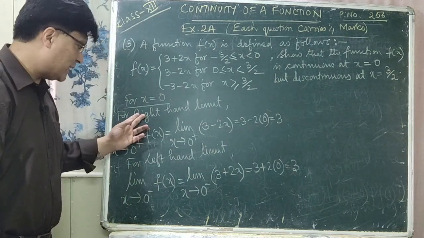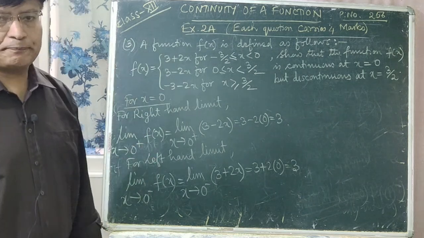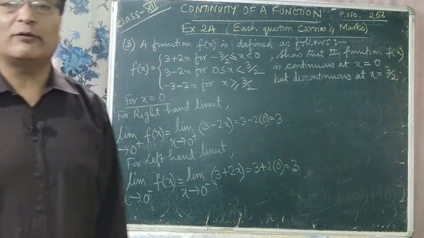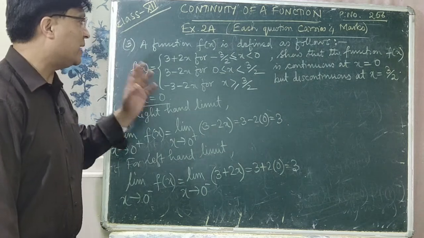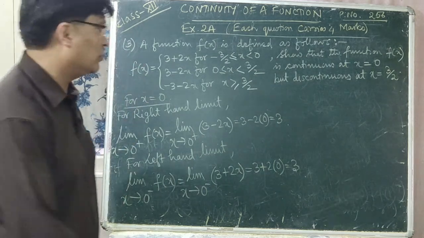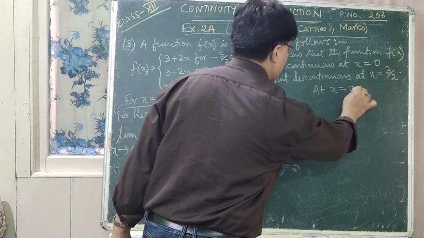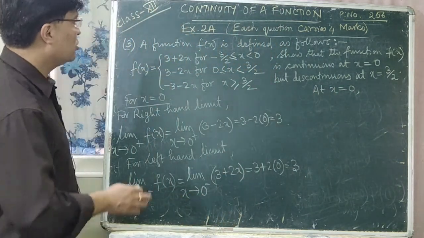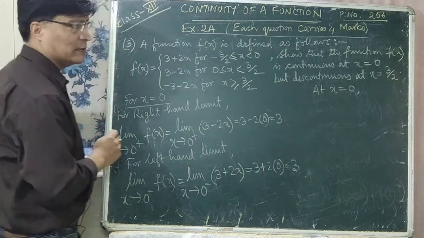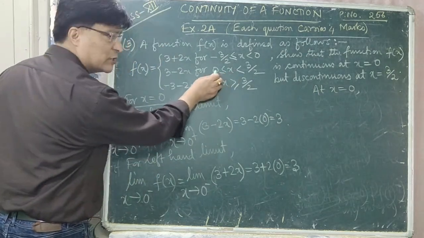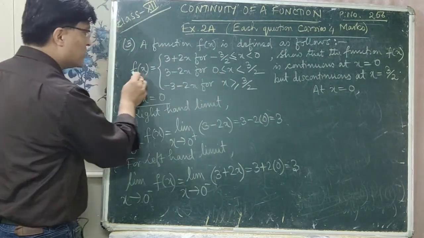Now what will you do next? We have found out the right hand limit, we have found out the left hand limit. So you have to get the value of the function f of x when x is exactly equal to 0. Now here you should write at x is equal to 0. When x is equal to 0, what is the value for f of x?